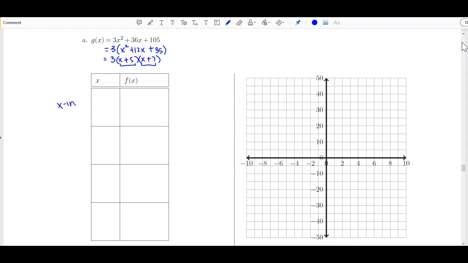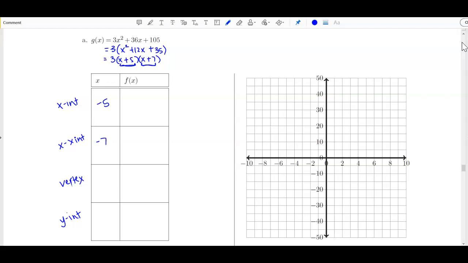So when we write this down, we want to find out what x's we are going to pick for those x-intercepts, for the vertex, and for the y-intercept. Okay, and so for the x-intercept, I'd want a -5, because on this first parenthesis, if I put -5 in there, it's going to make that go to 0. And then on my second parenthesis, if I put -7 in there, that will make that go to 0.